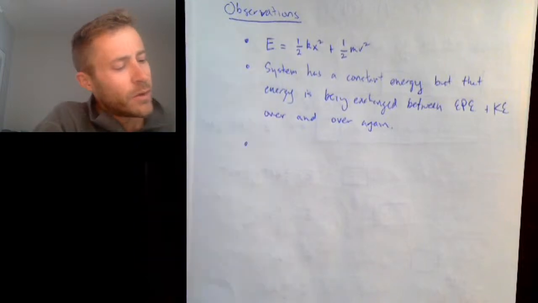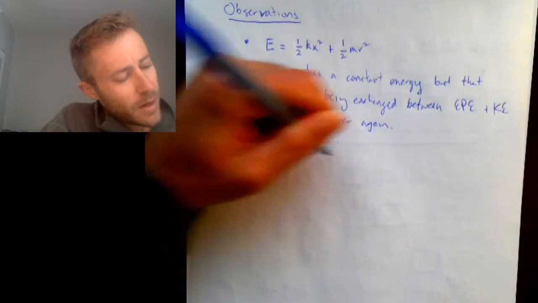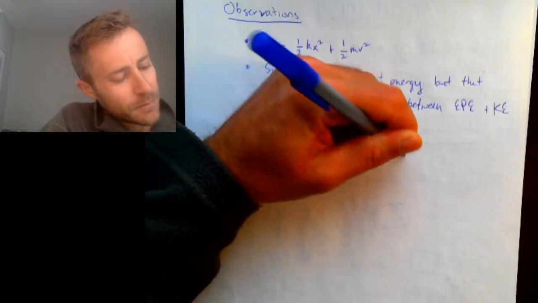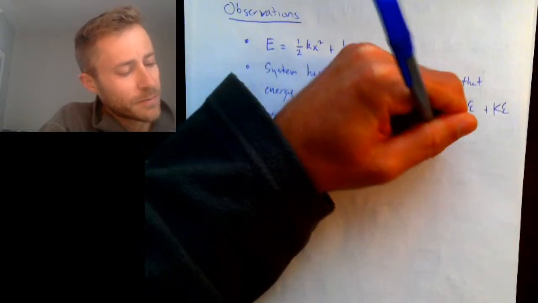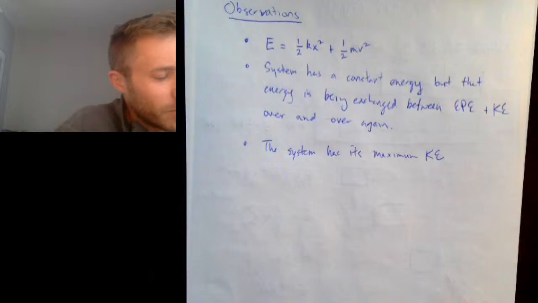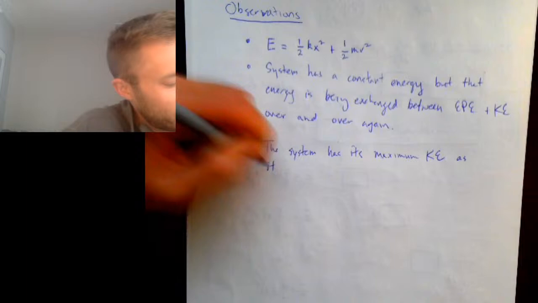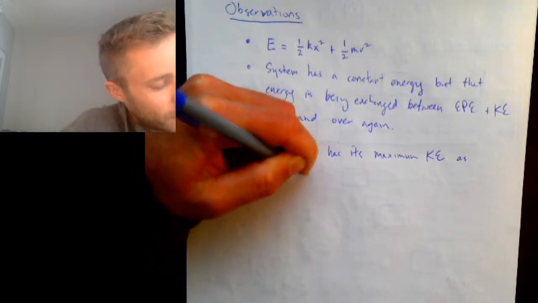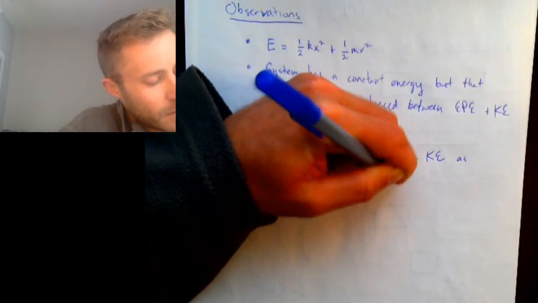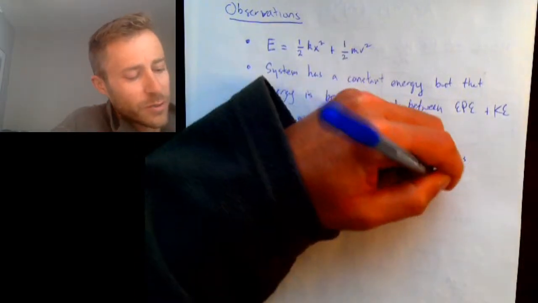So the system has its maximum kinetic energy as it passes through equilibrium, which in this case was x equals 0.